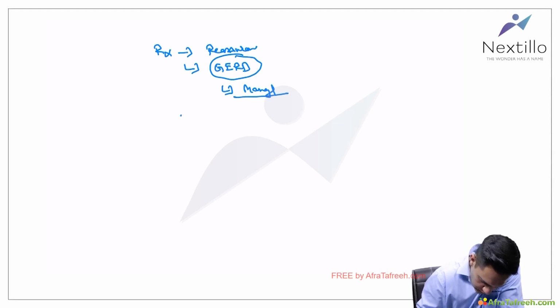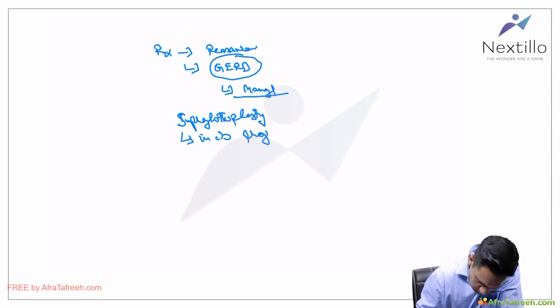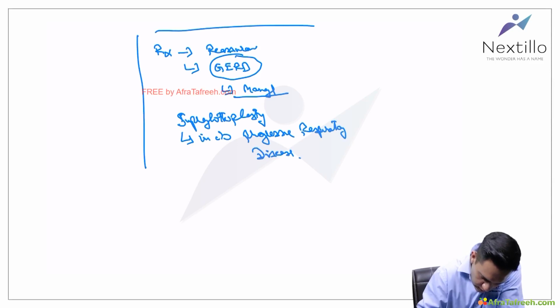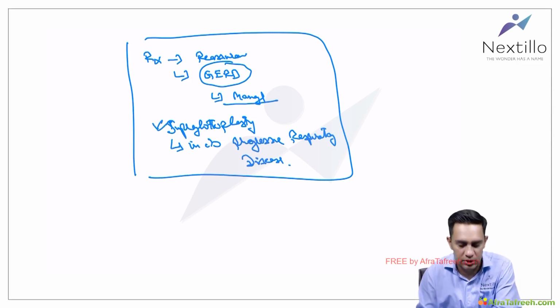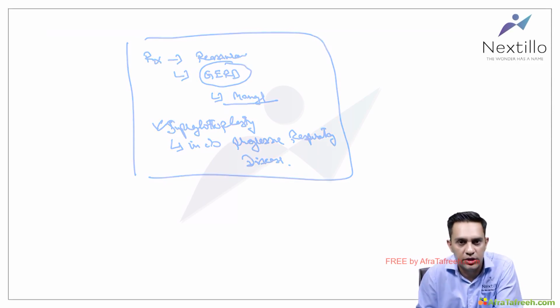And if it is not controlled, then we can use supraglottoplasty in cases of progressive respiratory disease. So this was about laryngomalacia.